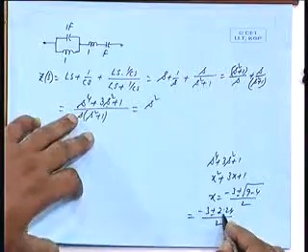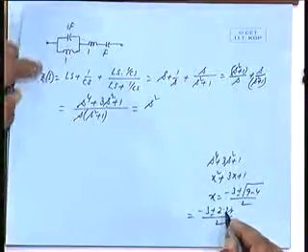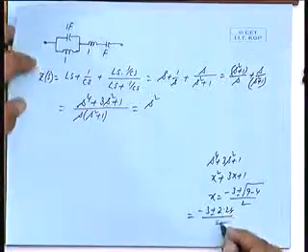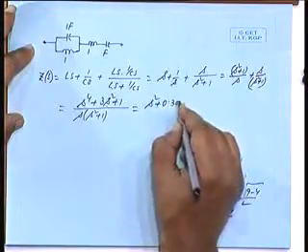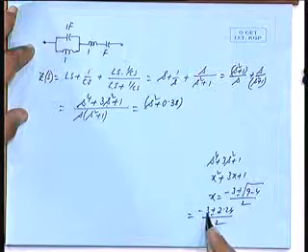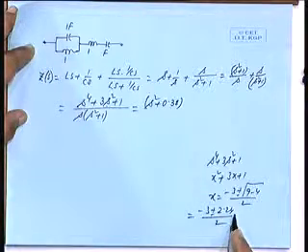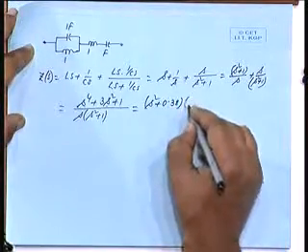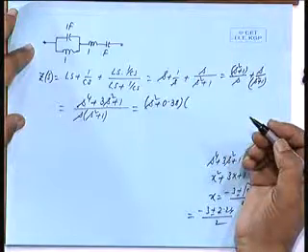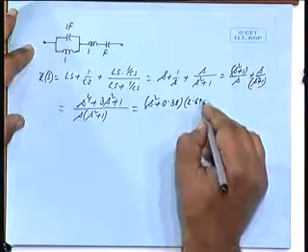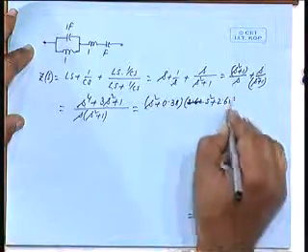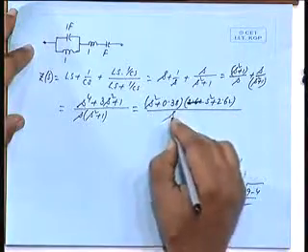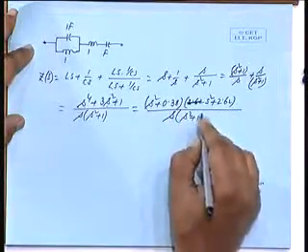Alright, so 3 minus 2.24, so 0.76 by 2, 0.38 approximately, and this is 5.24 divided by 2, so 2.62. S squared plus 0.38 into S squared plus 2.62 divided by S into S squared plus 1.